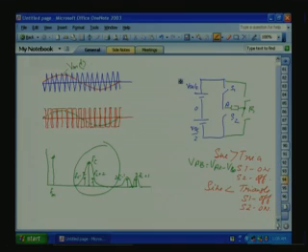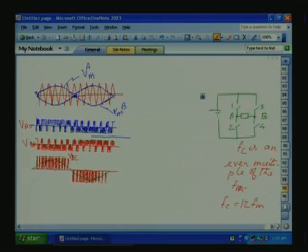FC is equal to 12 times FM. If you see the pattern here, these two patterns VA0 and VB0 are exactly the same with a 180-degree phase shift. This 180-degree phase shift is with respect to the fundamental.